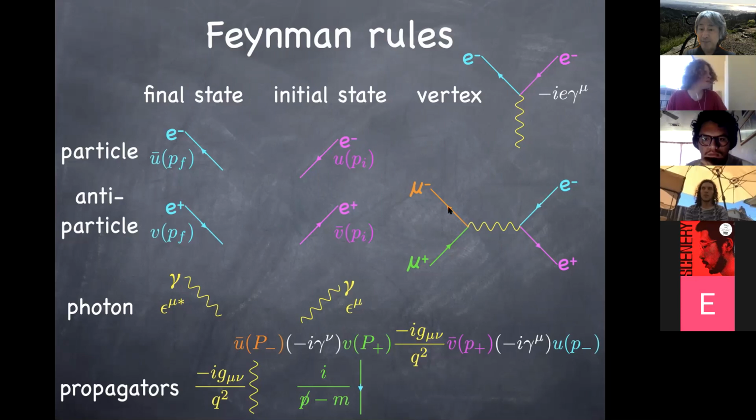You can also exchange a virtual photon here, which is called the vertex correction diagram. And also here, that's another vertex correction diagram. And there's another diagram which looks like a box I mentioned earlier. So there are 4 diagrams you need to compute now. So it's more complicated than the lowest order diagrams, but nonetheless, it's still finite.